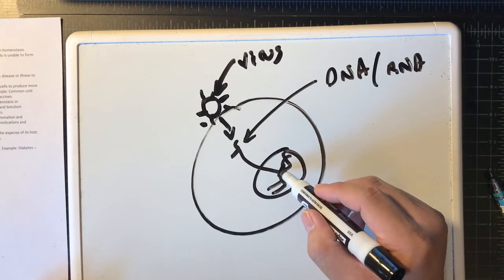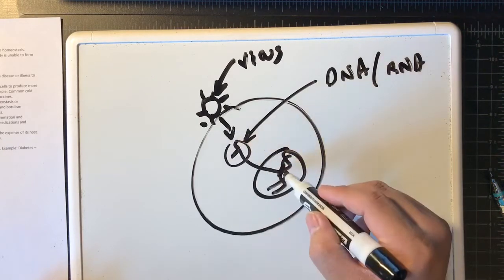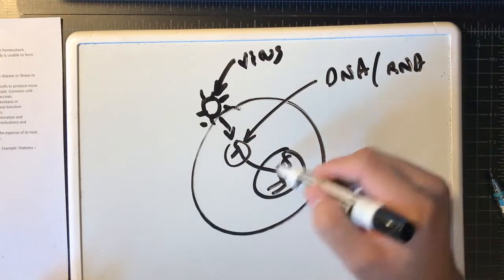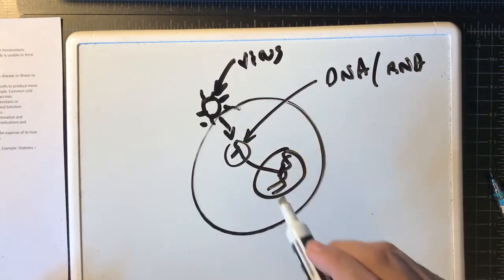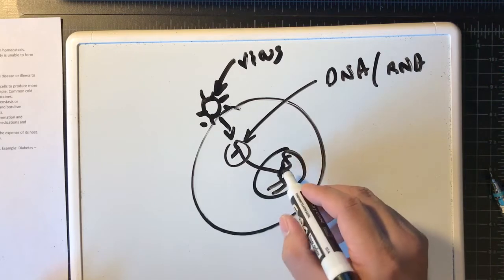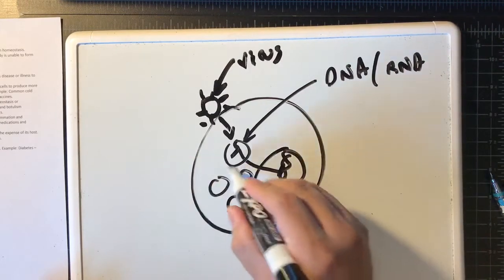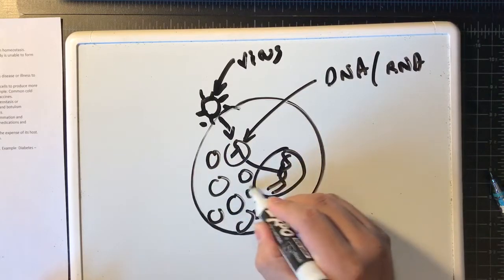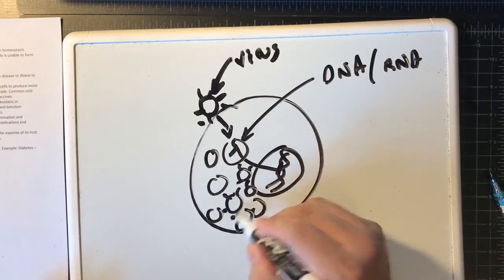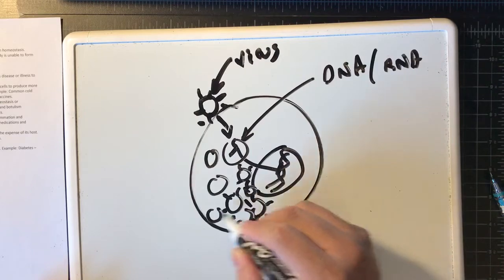Then this DNA contains instructions to shut the whole thing down and only produce viral parts. So the cell, instead of producing the normal proteins it produces, starts to produce more viruses. So here are more viruses. It starts making virus parts and assembles them into viruses.